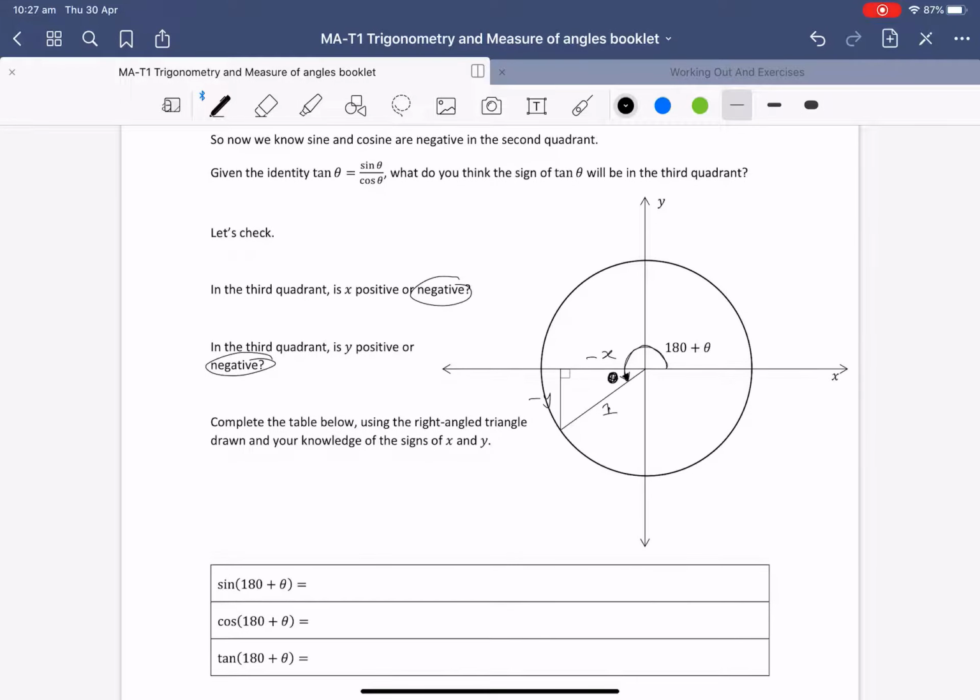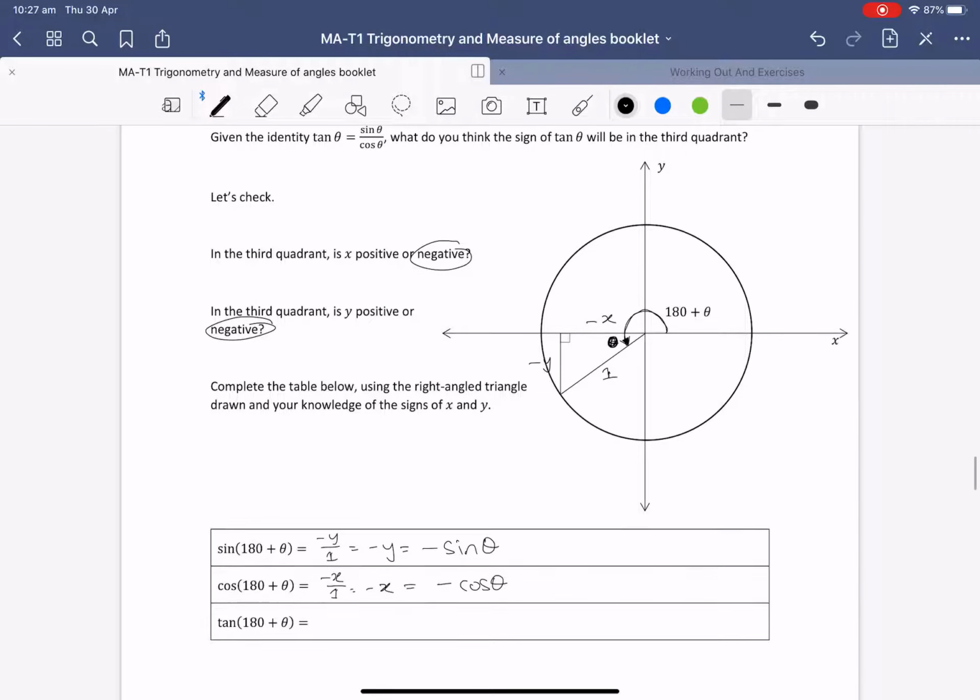So again, sine of 180 plus theta. Let's do opposite over hypotenuse. So opposite is negative y over 1, which means it'll be negative y, which means negative sine theta. Cos is adjacent over hypotenuse, so negative x over 1 equals negative x, which will be negative cos theta.